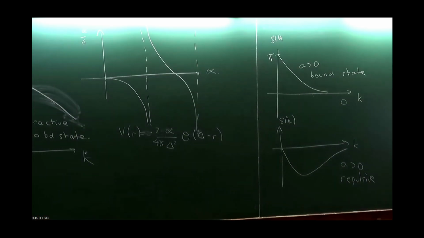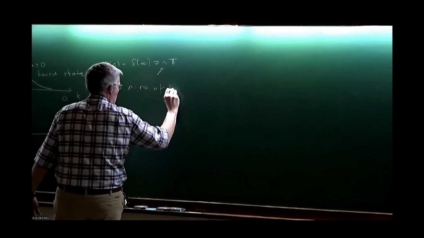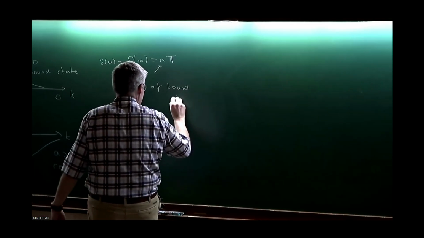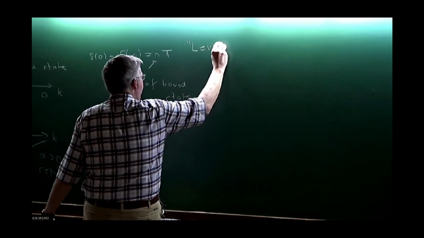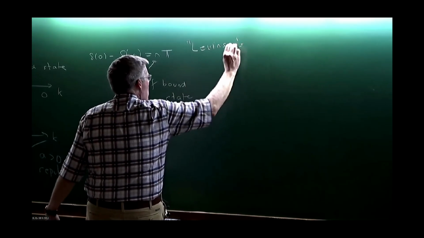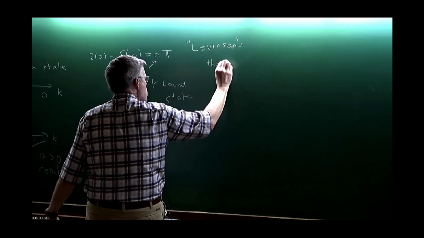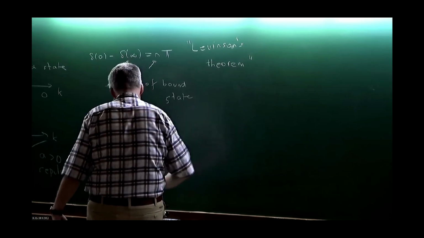For those of you who've heard of it, this theorem that delta of 0 minus delta of infinity is equal to n times pi, where n is the number of bound states, is Levinson's theorem.